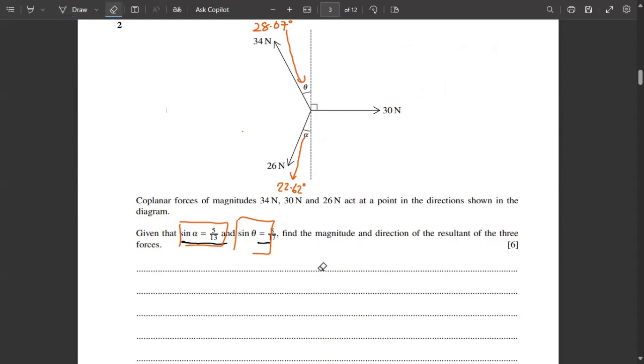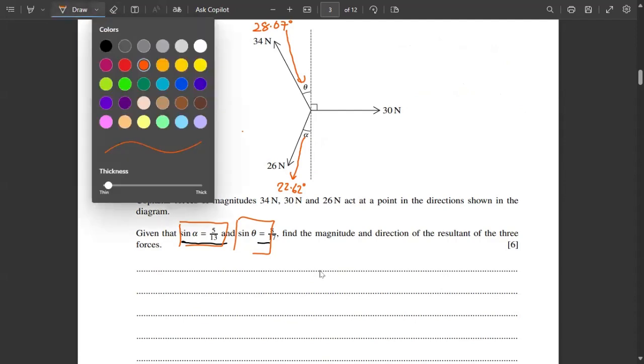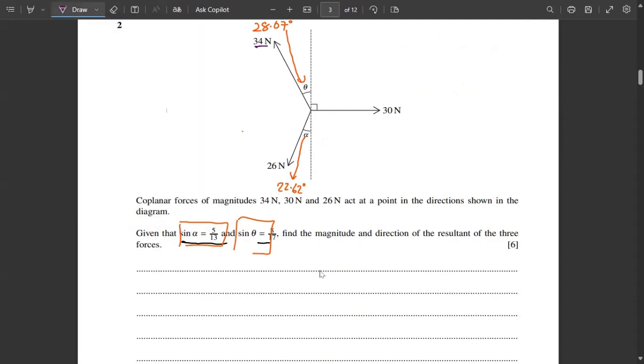So first, let's talk about the 34 Newton force, which is this force. I can resolve this force in two directions. One will be this, and the other one will be this. Now I can bring this arrow up here, and it will become this. And this forms a 90-degree right angle triangle.